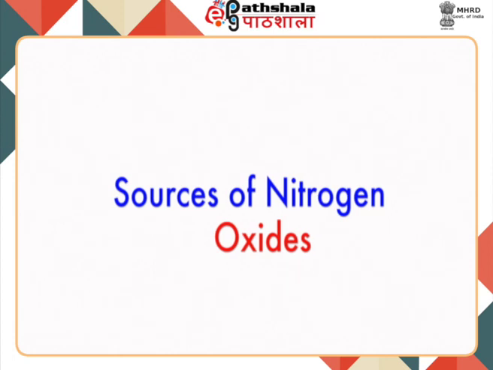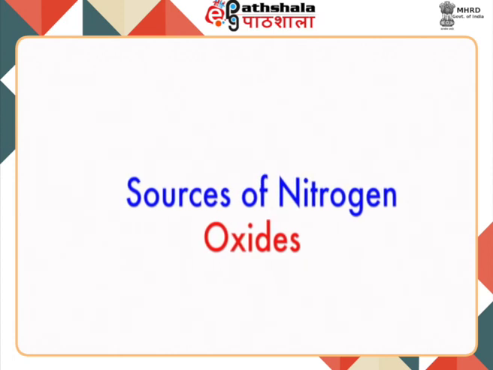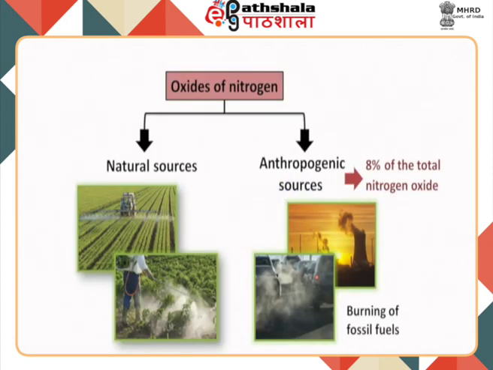Let's take a look at the sources of nitrogen oxides. As mentioned above, nitrogen oxides can be obtained from both natural and anthropogenic sources, with the latter accounting for only 8% of the global total. However, local concentrations, especially in urban areas, are elevated several hundredfold many a time.